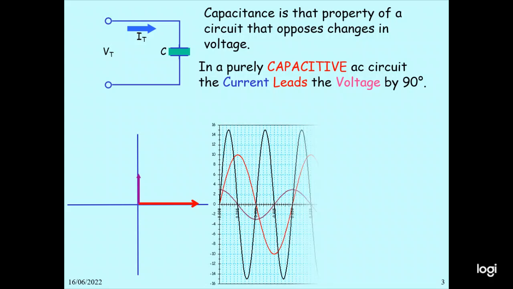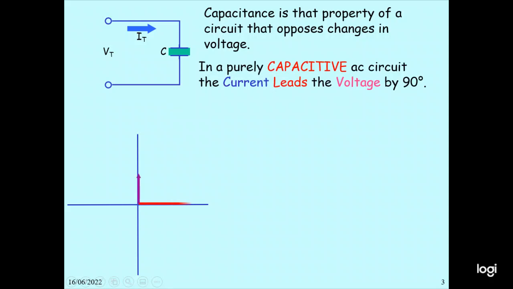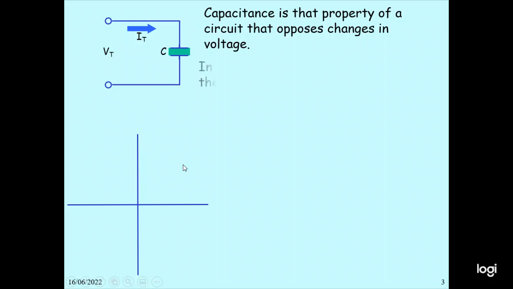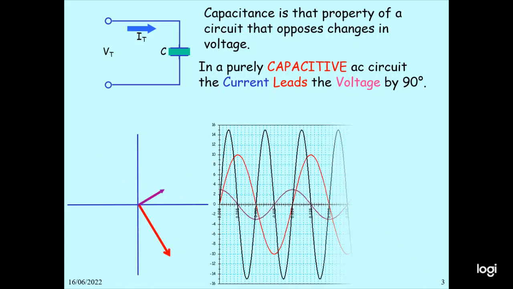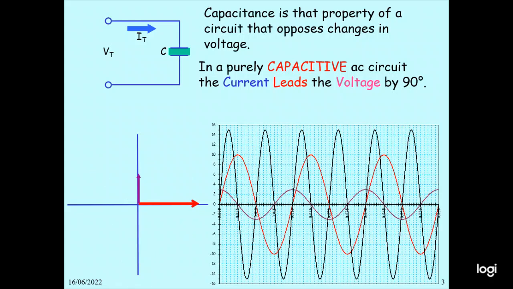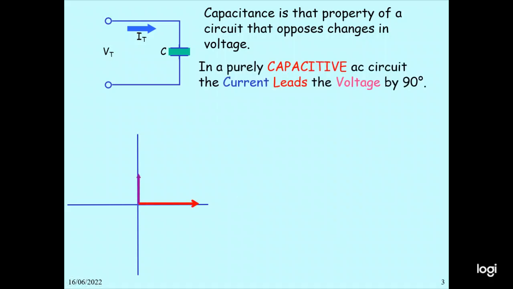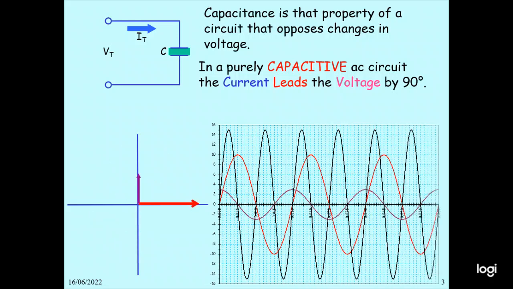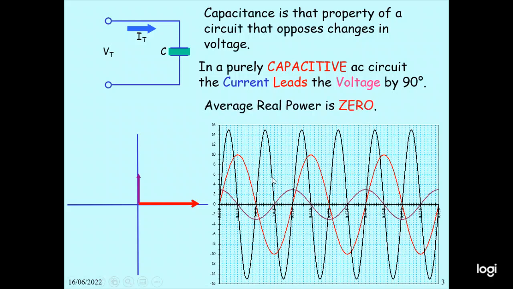Current leads the voltage by 90 degrees. So the voltage is red, current is purple, so the current leads the voltage by 90 degrees. Power, the real power, is 0.